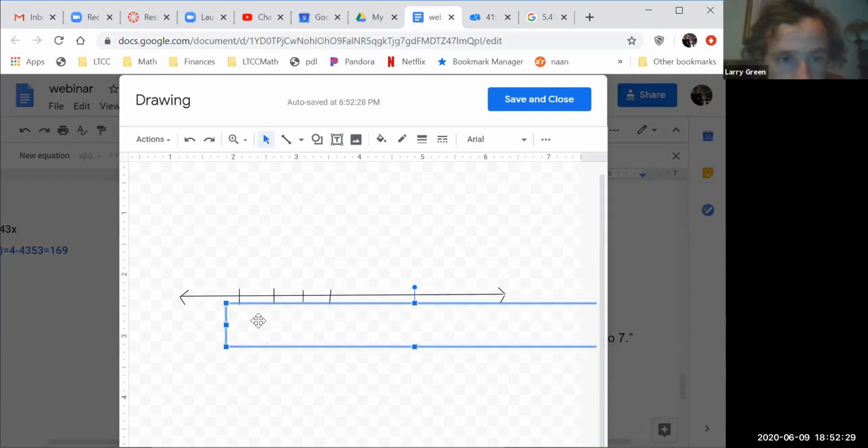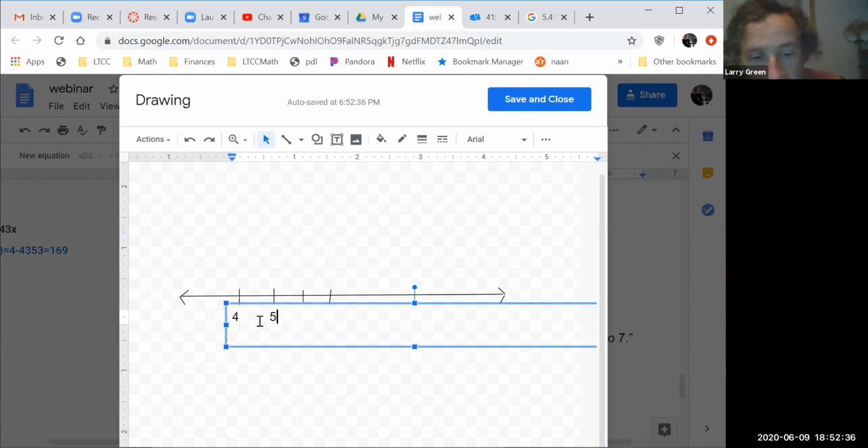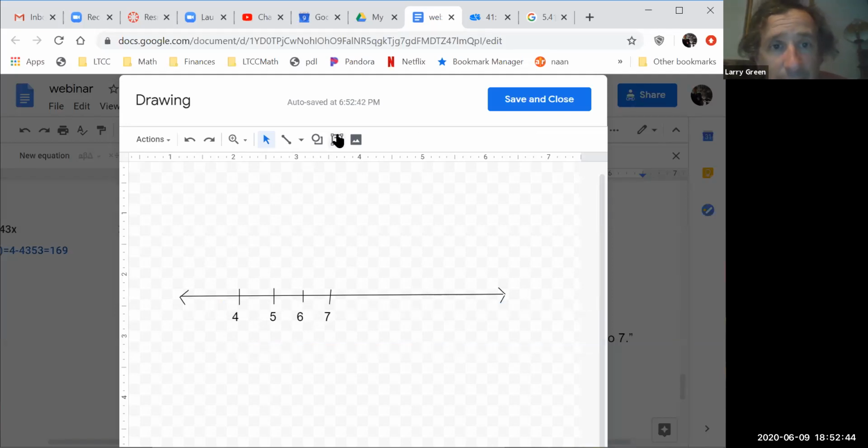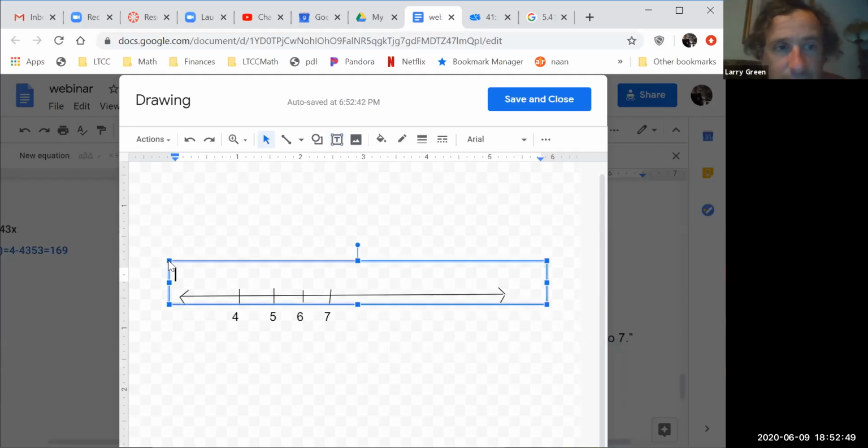So 4, 5, 6, and 7. And let me remind you that we're trying to do the set of all x such that 4 is less than x is less than or equal to 7.